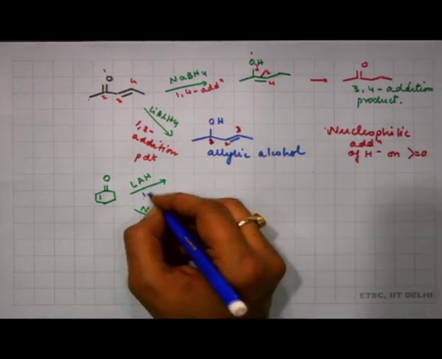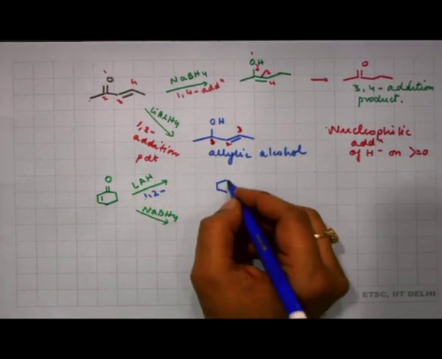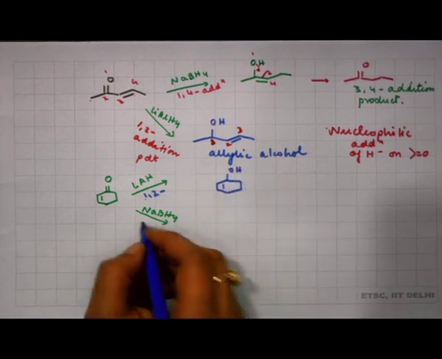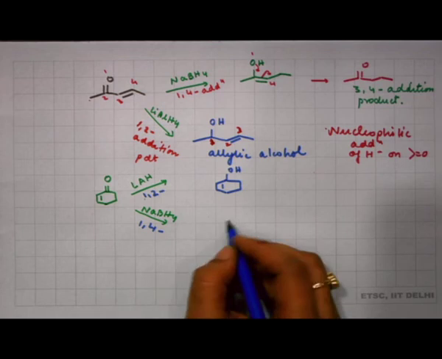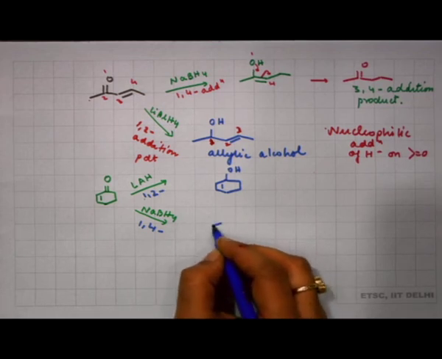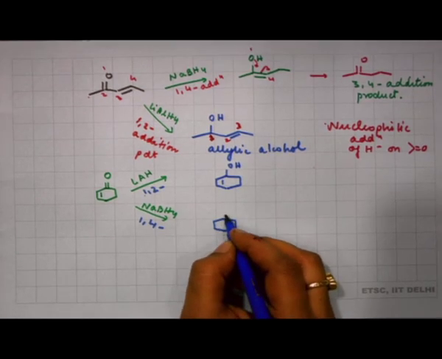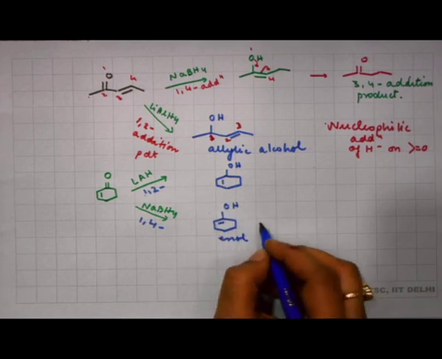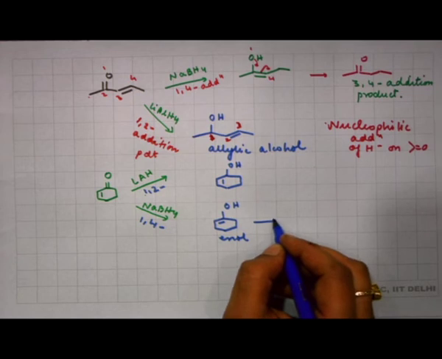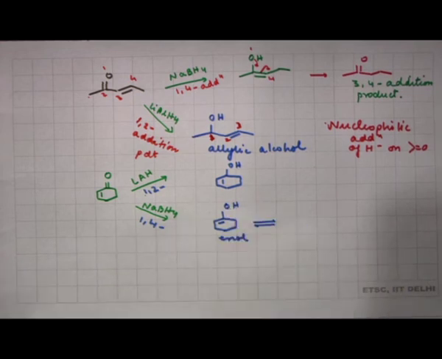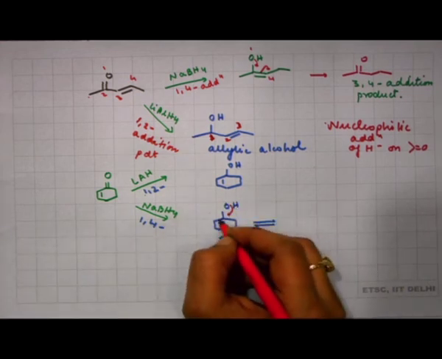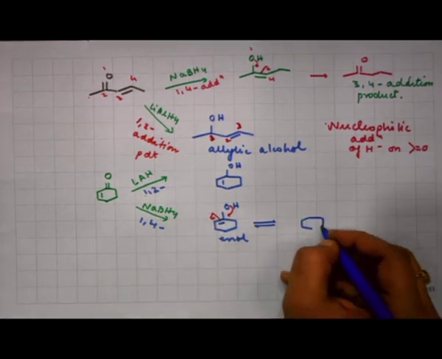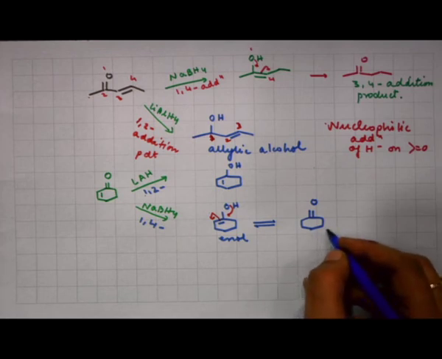If I say LAH gives you 1,2 addition, the expected product would be this allylic alcohol, and when sodium borohydride gives you a 1,4 addition reduction pathway, the product which you will get is this enol, which can stabilize to the more stable keto form, and you get the corresponding cyclohexanone as the product.